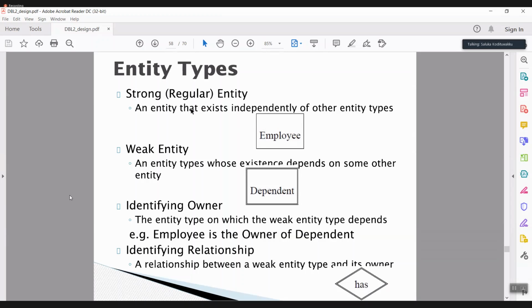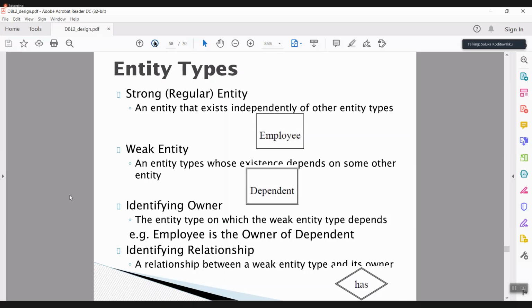And then you can see how we differentiate these two in the model. A strong entity is a single line rectangle, whereas a weak entity is a double line rectangle. And then identifying the owner: usually the employee is the owner of the dependents. To show it, we can show that relationship also as weak by using the double line diamond.